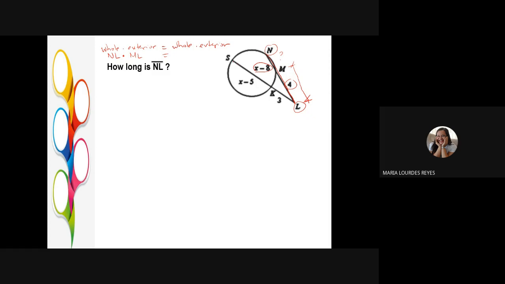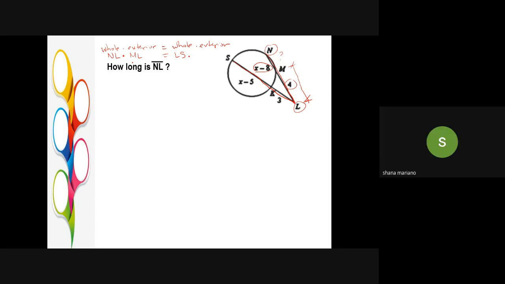What is the name of this whole? Line segment what? Anyone? What is the name of this? What letters are involved? LS. Okay. It can be SL, it can be LS. As Shana said earlier, LS. What is the exterior of LS? The one outside, the part with 3. What is the name of the one with the measurement of 3?